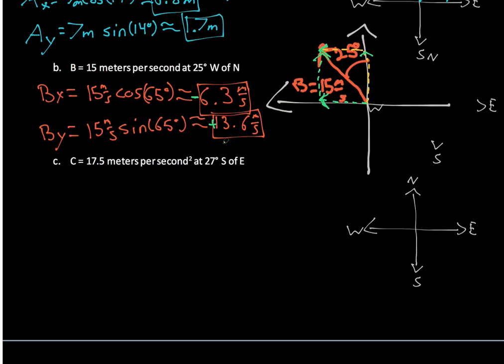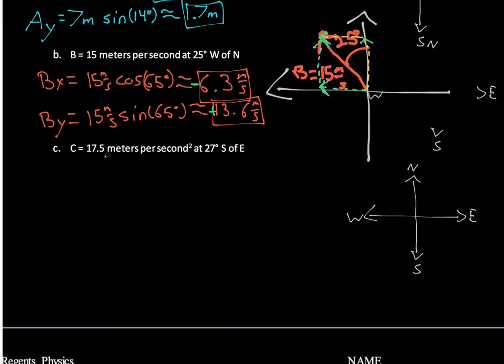So let's take a look at this third example. We've got a vector c, and it looks like it's an acceleration, meters per second squared. It's 27 degrees south of east, so south of the east axis, somewhere down here. The angle is 27 degrees, and c equals 17.5 meters per second squared.